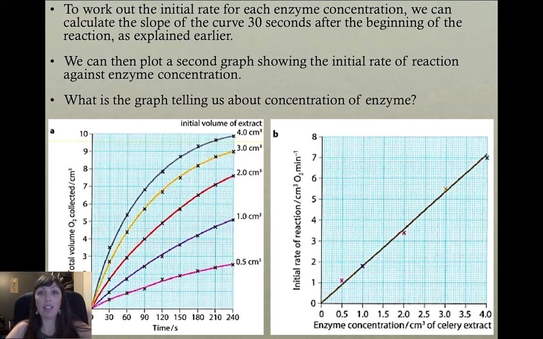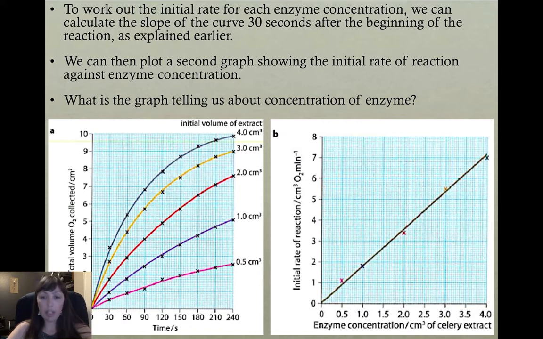So in this case, it would be enzyme concentration. Once you get past 30 seconds, then it could be a number of other variables like temperature is being changed or further reactions are happening. So really it's that initial reaction that you want to measure. Okay, so 30 seconds is a good place. It would be better even to measure before 30 seconds, but actually doing that in the lab is pretty close to impossible. So we can then plot a second graph showing the initial rate of reaction against enzyme concentration.